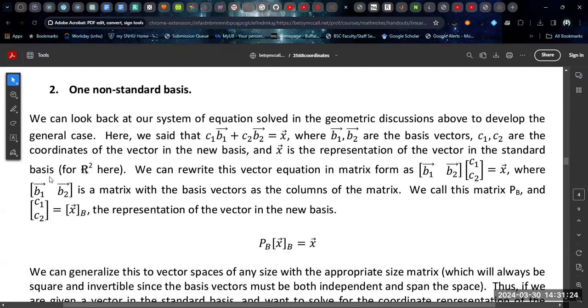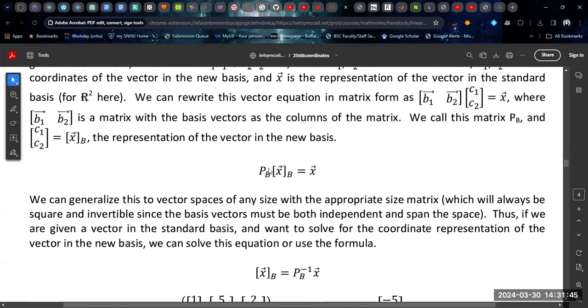Now, if we call this matrix that has the columns of the basis vectors P sub B, where B is the basis that we're working in, and C1 and C2 represent the coordinates in that basis, then we get this equation: P_B, the coordinate transformation matrix, times our vector in that coordinate system is equal to the vector in the standard basis.